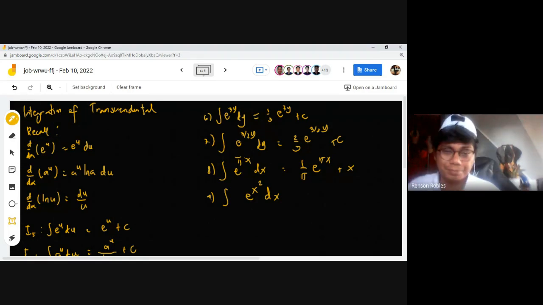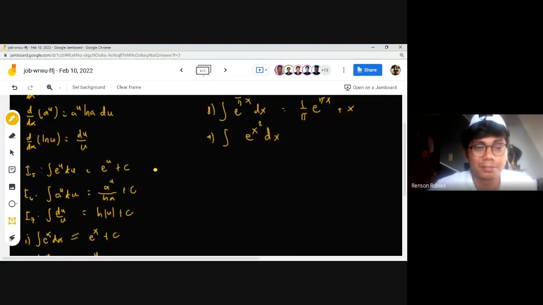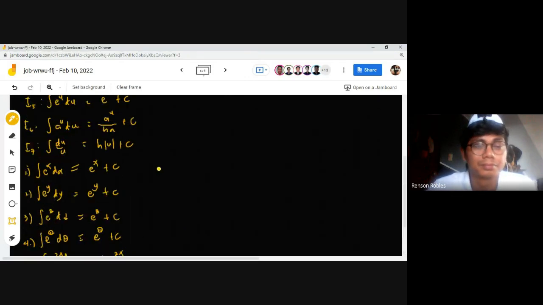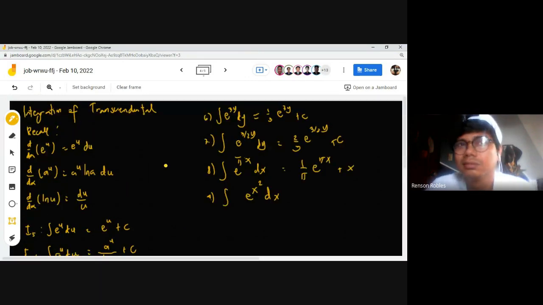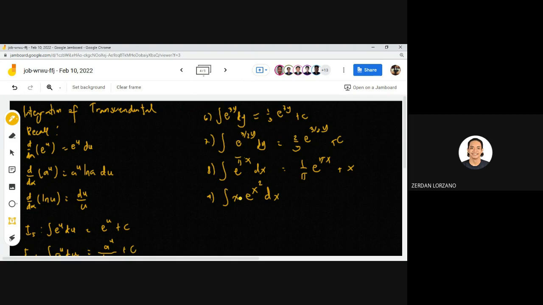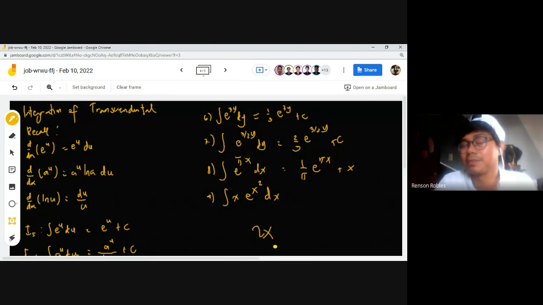Hindi pa po. Ano yung kailangan? X po. Para x. Why do we need to have x here? Ang derivative po ng x squared ay 2x. Alright. That's what I'm telling you. You have to make sure that the derivative of the power of x can still be found inside.